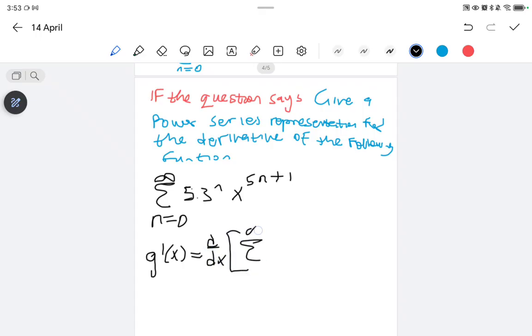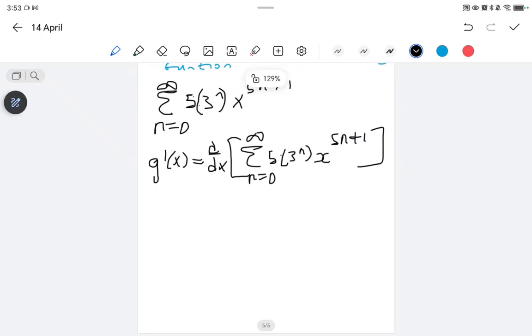of the summation. This equals this 5 minus 3 to the n, and then we have x to the 5n plus 1 close, and then we derive this.